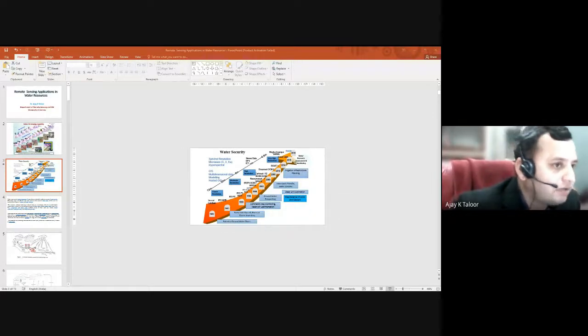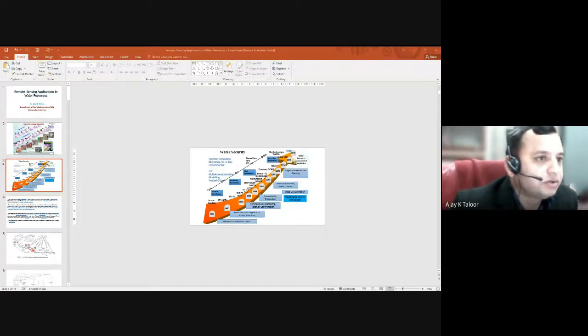As far as water resources are concerned, we all know that these are natural resources which are potentially useful for water supplies. 97% of the water on the earth's surface is salty water, and only 3% is available as fresh water, and slightly more than two-thirds of this is frozen in the form of glaciers and polar ice.